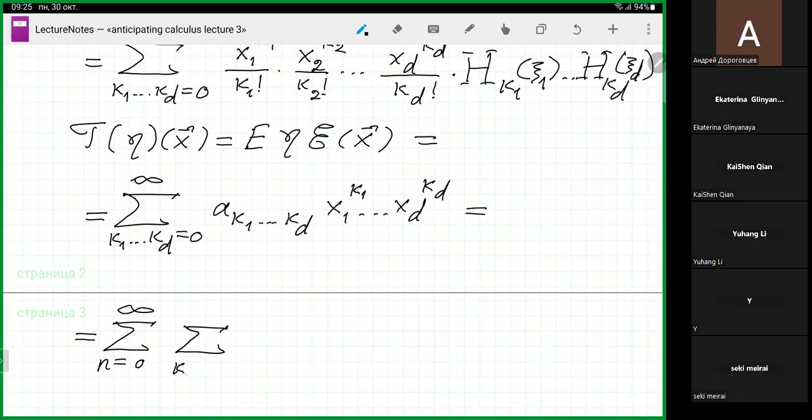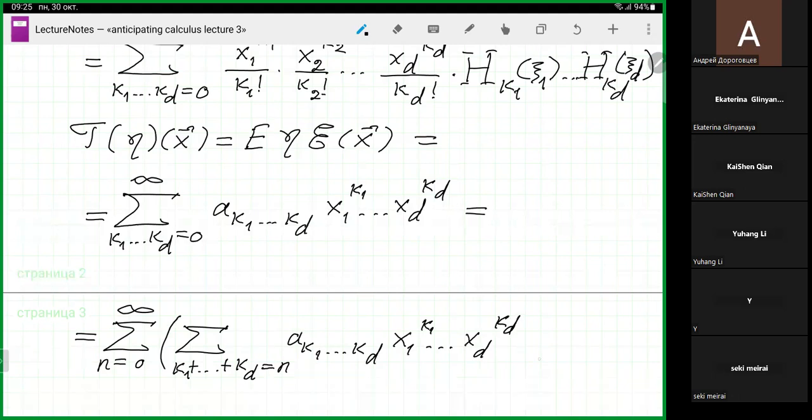Here I will have the following: k1 plus ... plus kd equal to n, and here is a_{k1...kd} x1 in k1 power, ... xd in kd power, yeah? And we put here brackets in order to emphasize that now we have the order summation with respect to powers of our polynomials, yeah?